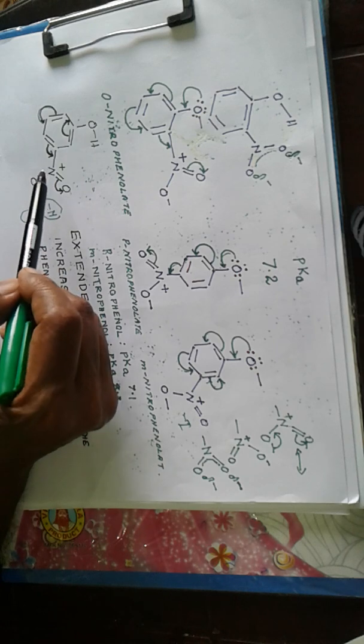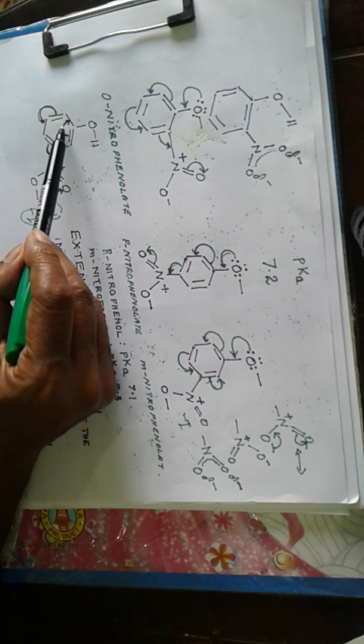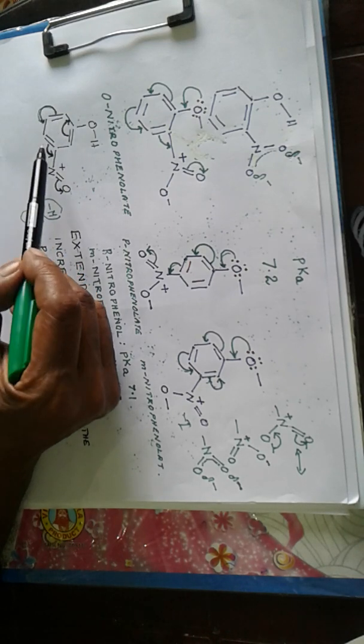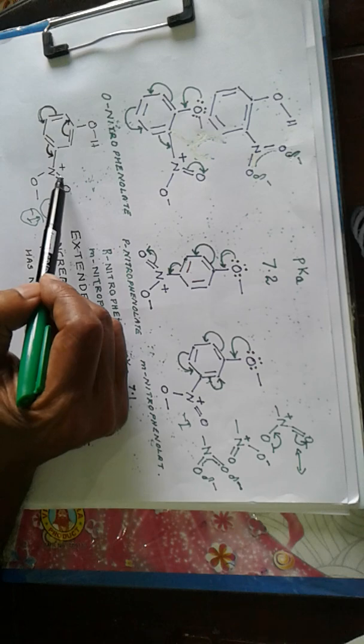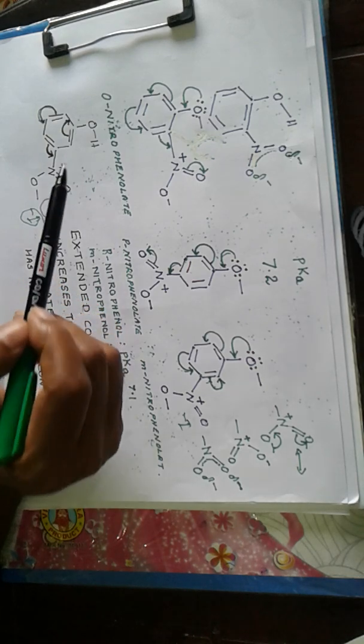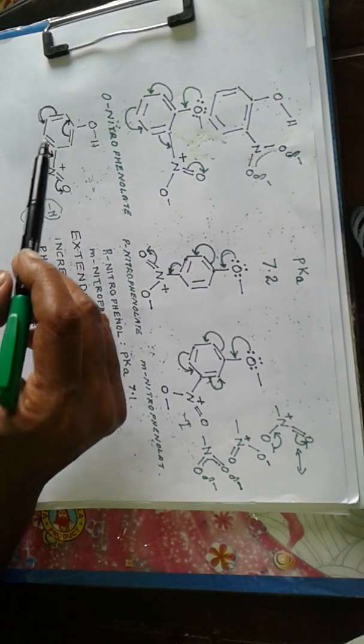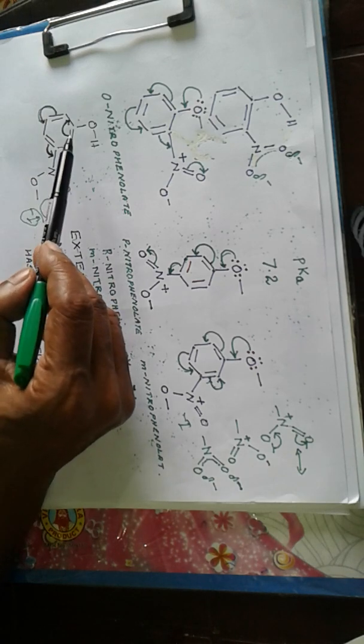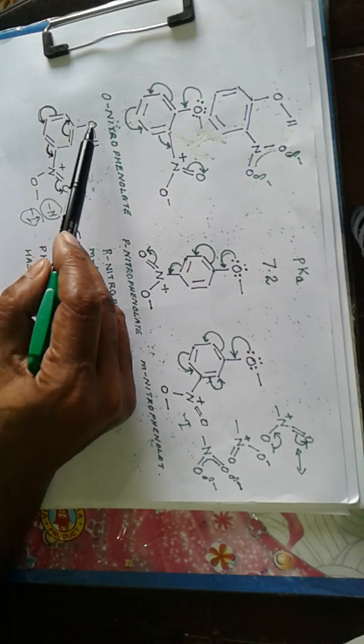But in meta-nitrophenol, the nitro group alone can cause its minus M effect. That is, this pair of electrons moving in this direction, this pair of electrons moving in this direction, this pi one moving in this direction, and this pi one moving over the oxygen atom. So there is a minus M effect operating in the case of the nitro group, but that is not in conjunction with the OH group.